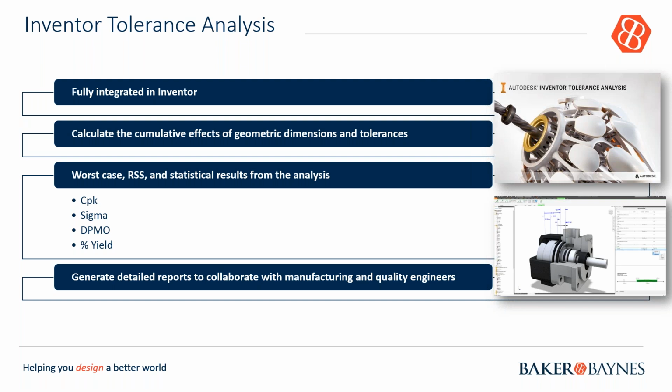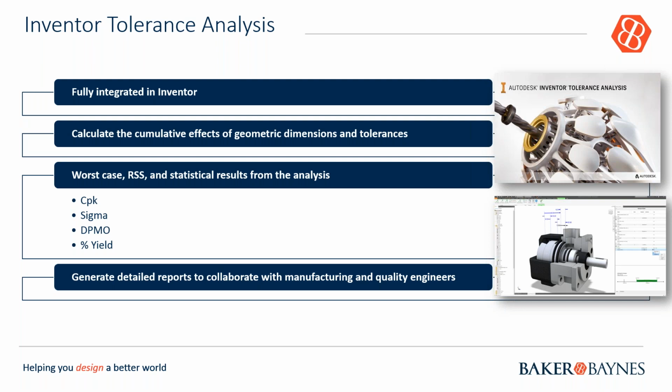What it does is calculate the cumulative effects of the geometry dimensions based on tolerances, right? And if we look at the entire workflow, setting up, testing, and reviewing the results, users are familiar with the Inventor interface, which includes a new ribbon with the tolerance analysis panel, right? Which you see at the bottom right of the screen.